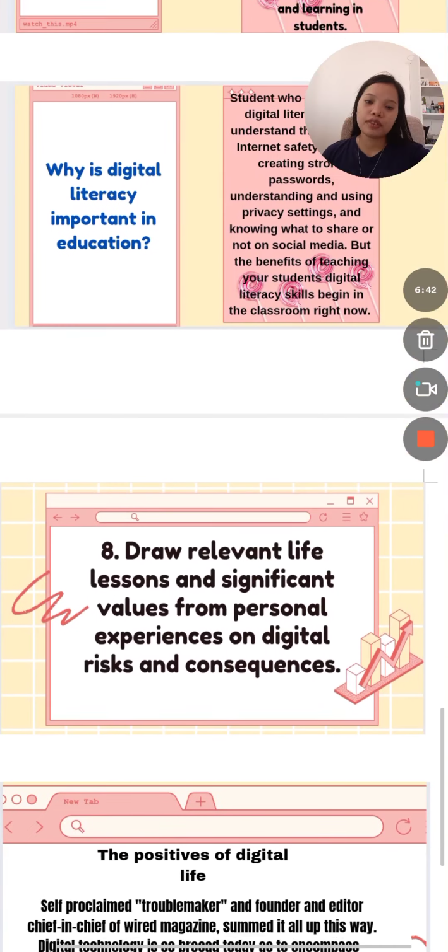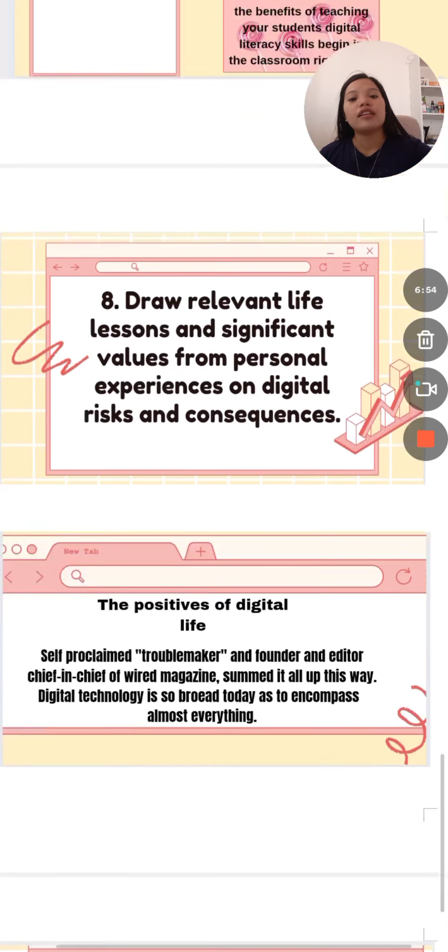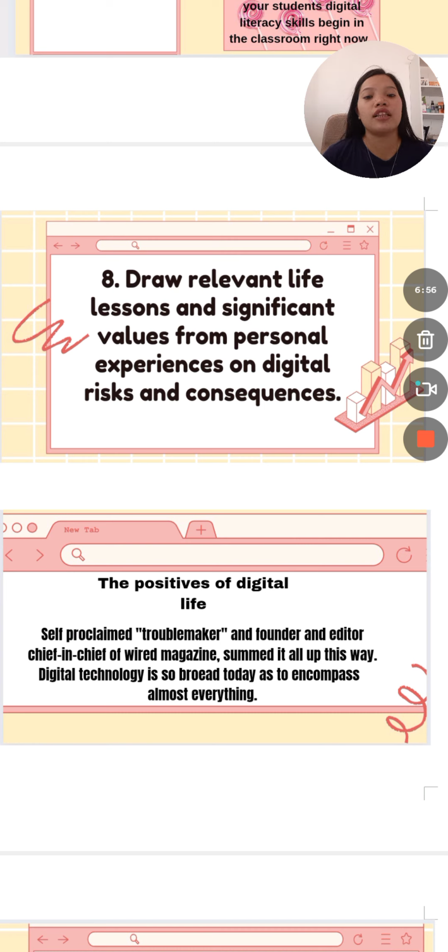So, draw relevant life lessons and significant values from personal experiences on digital risks and consequences. The positive of digital life. A self-proclaimed troublemaker and editor-in-chief of Wired magazine summed it all up this way: digital technology is so broad today as to encompass almost everything.